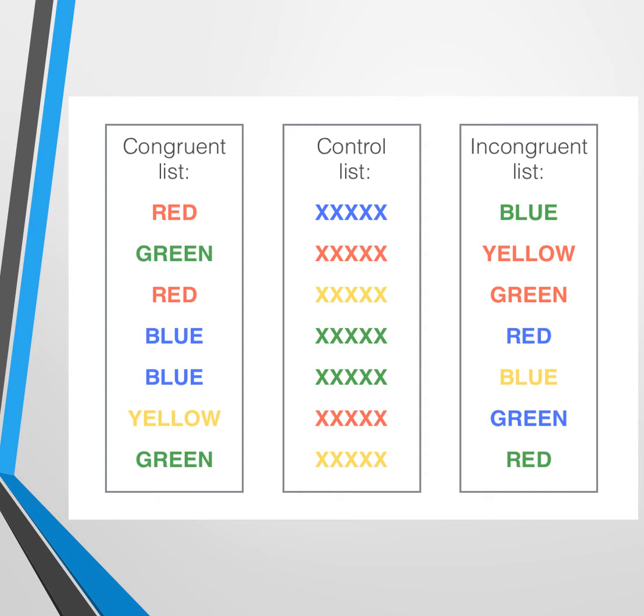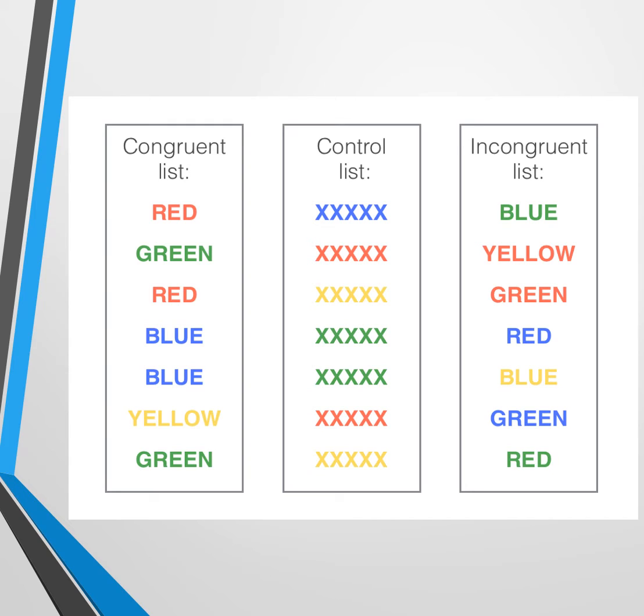As I mentioned, the Stroop effect is a pre-attention process. So in the Stroop effect, if you go to the middle column and ask the individual to identify the color of the stimulus, they have no problem. That's the control list. If you go to the congruent list, which is on the left, they identify the color very readily because of the pre-attention process of reading.